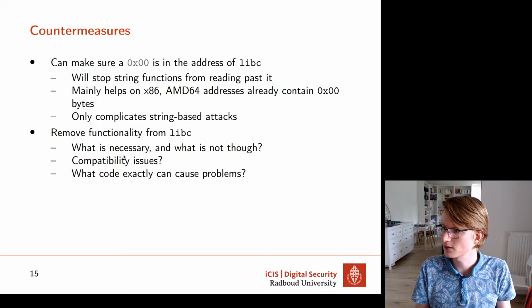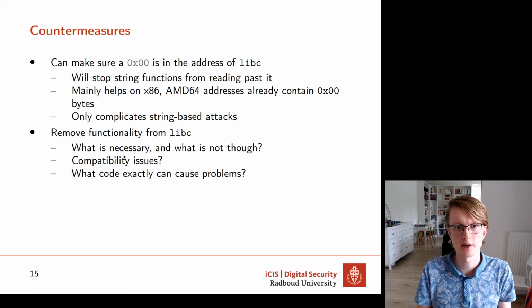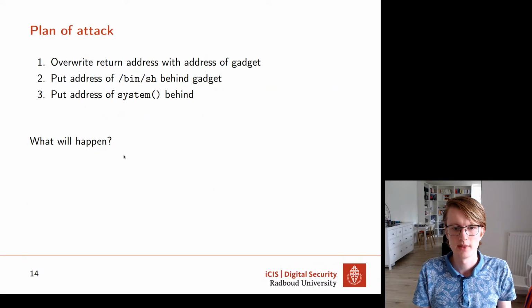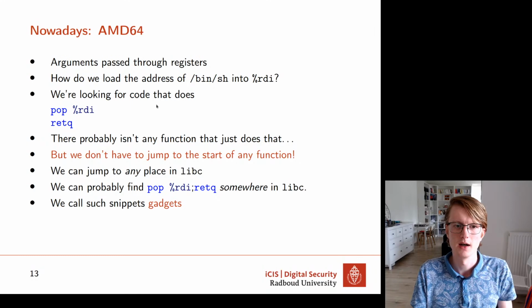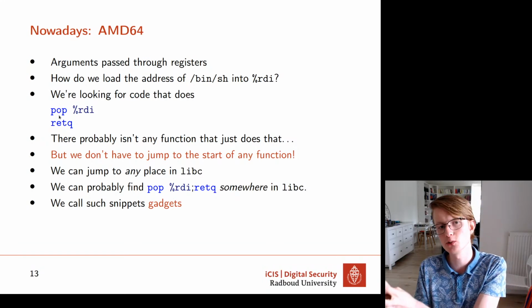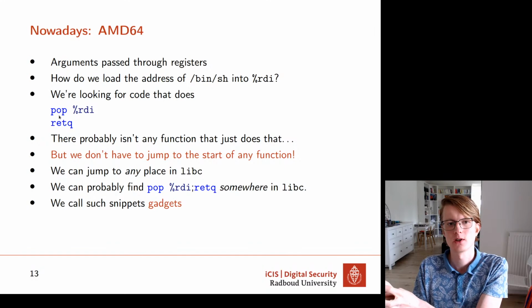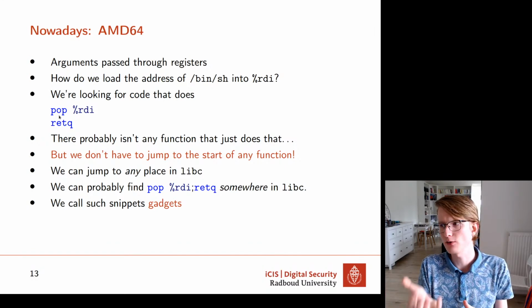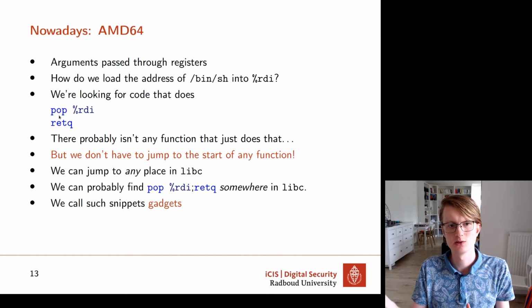And I saw that there was a question about a pop RDI, that this pop removes something from the stack, so it loads something from the stack into RDI. So it will take something off the stack and put it into this register, which is exactly what we want to do.